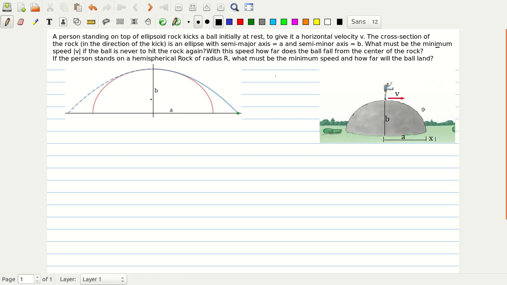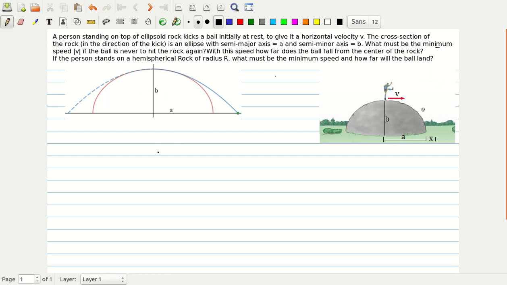So you can refer to this figure over here. The red curve is the surface of the ellipsoid, and the blue solid line is the path of the ball. The blue dotted line is just to complete the shape of the parabola. So we have to find what must be the equation of this parabola so that it touches the ellipse only tangentially at one point, the vertex 0 comma b, right?